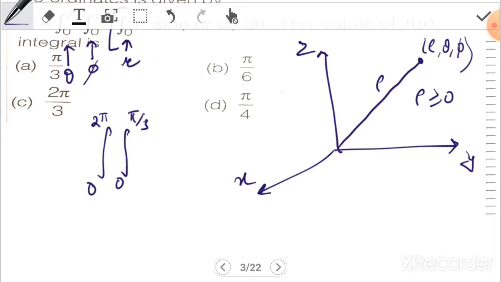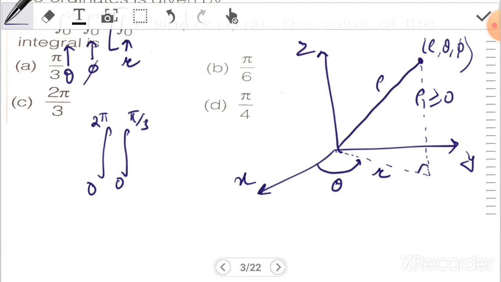Next, theta is the angle between the positive x-axis and the line, if you drop a perpendicular on the xy plane and join this; then this is r, and this angle is theta.